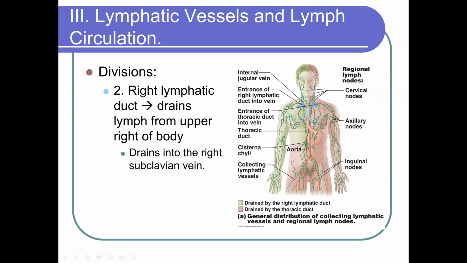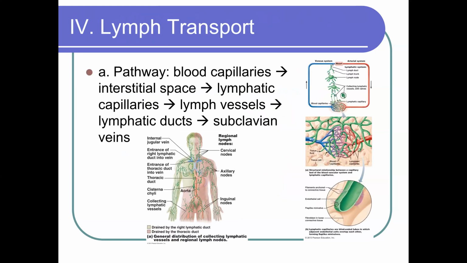The right lymphatic duct drains lymph from the right upper side of the body. So this is another demonstration of the body not being symmetrical. And if you're looking for metastasis, because we have areas of lymph nodes that we can palpate, then you need to know what the drainage system is.